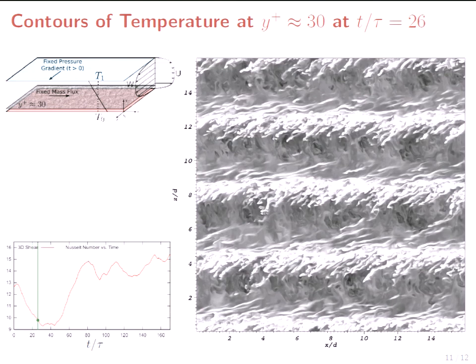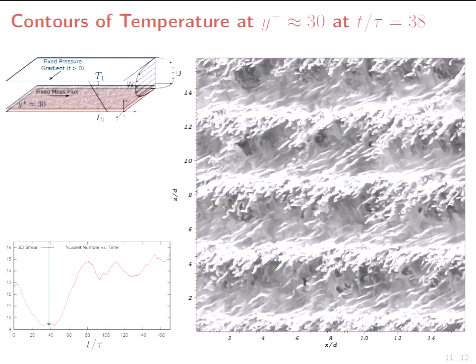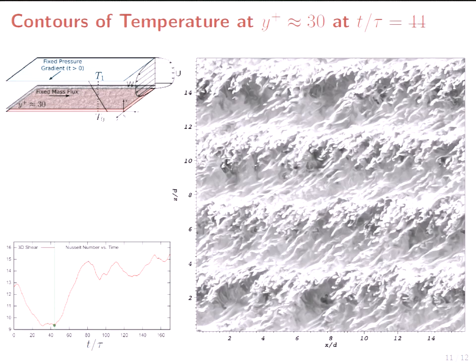So go farther along in time, near the minimum. What you see here is that the smallest scales of the streamwise streaks near the wall respond quickest to the new flow direction, because these rolls that are aligned in this direction will become aligned in this direction at long time, and then the heat transfer is reduced.